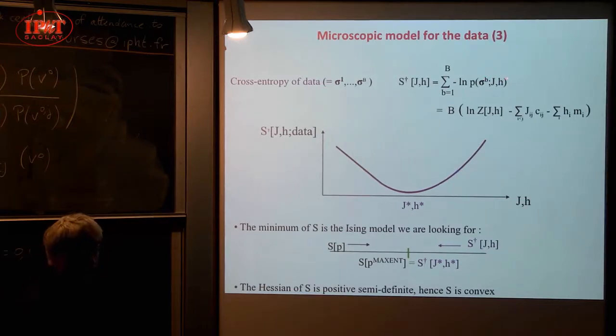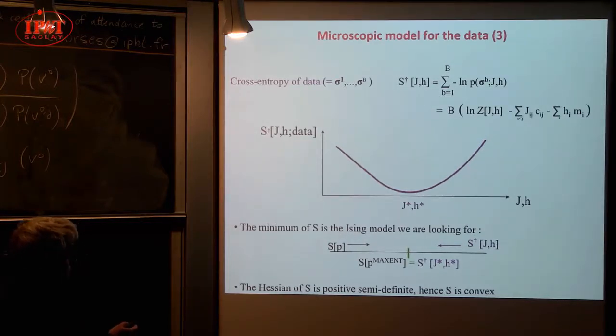But the fact is that I'm using here the probability of the model to estimate the information I'm getting when I see this configuration. And then I'm summing over configurations which are coming from my data, and a priori the two distributions are different. So it's not an entropy, it's a cross entropy. Obviously what we would like is to make these two distributions match as well as possible. So our goal is to make this cross entropy become an entropy at the end of the game.